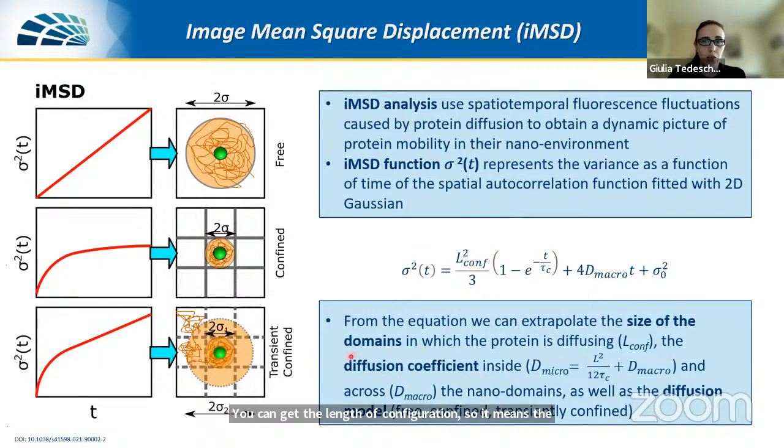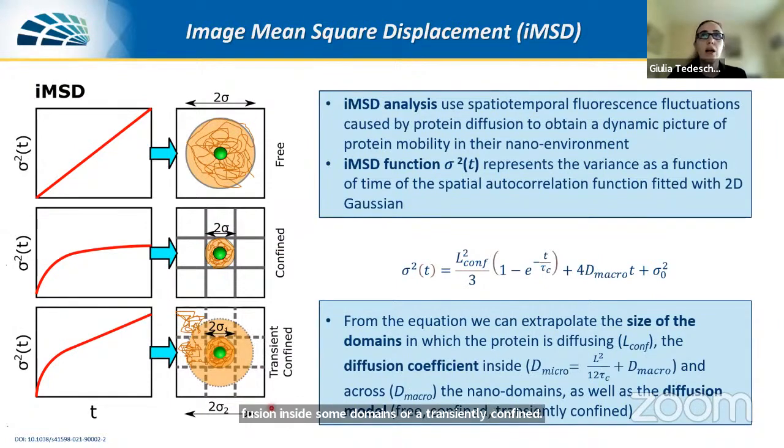You can calculate the diffusion coefficient inside these nanodomains or across the nanodomains. Here you can see the macro diffusion coefficient, and also the diffusion modality. Here is a representation of the three principal kinds of diffusion modality: a free diffusion, a confined diffusion inside some domains, or a transiently confined diffusion.